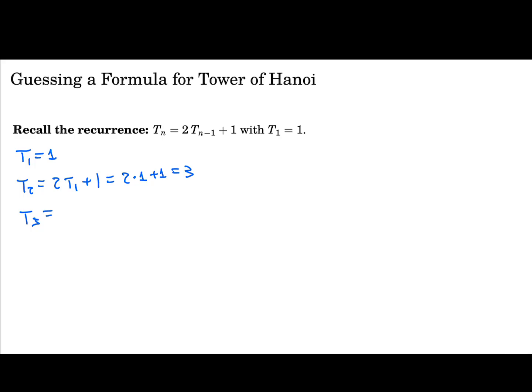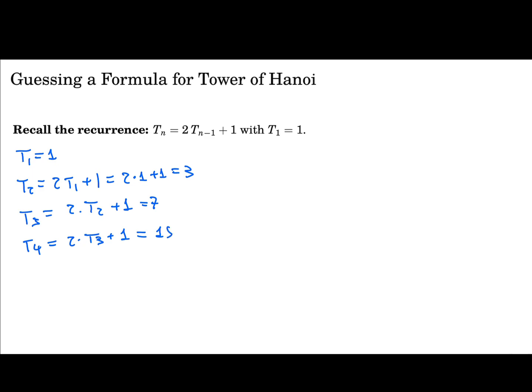T3 is going to be 2 times T2 plus 1, so this will be 6 plus 1, 7. T4 will be 2 times T3 plus 1, so 14 plus 1, 15.